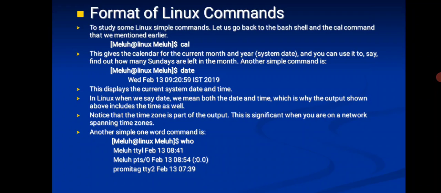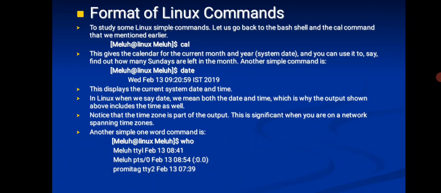So for example, we are using a terminal. At the terminal prompt, we type cal and press the enter key. Then it will display the calendar for the current month and year of the system date, right? You can use it to find how many Sundays are left in this month.